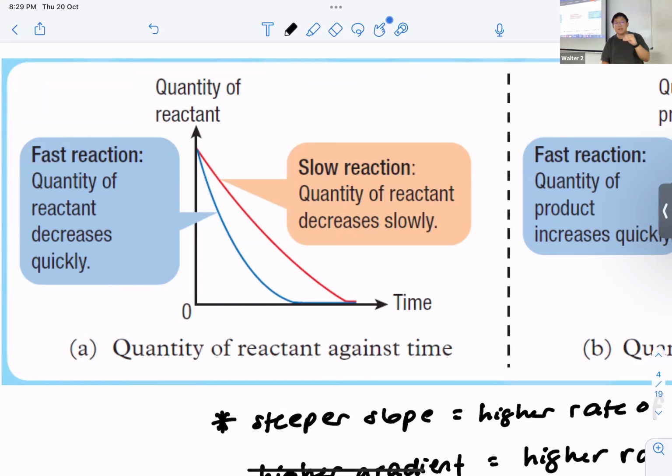If the reactants are decreasing much faster, meaning the rate of reaction is higher. The reaction uses up the reactant much more quickly compared to the red one. You understand what I mean? So that tells you that the blue line shows a higher rate compared to the red one.